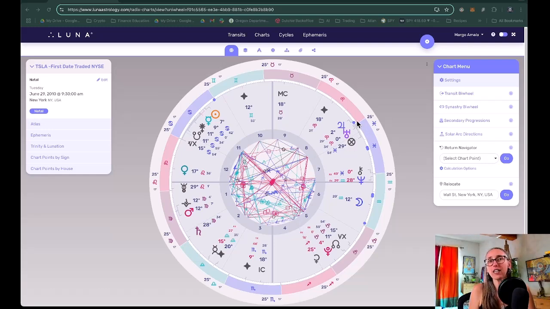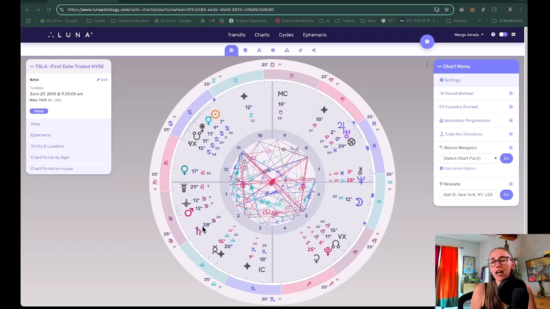The next most powerful aspect I would look for is an opposition, and that would be when two planets are 180 degrees apart. You can see here that Saturn is very close. This is within the 5 degree orb, or buffer zone, that I give a planet in opposition to the Uranus and Jupiter conjunction.